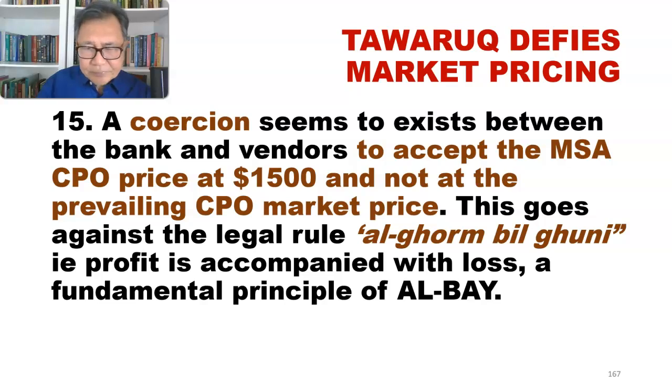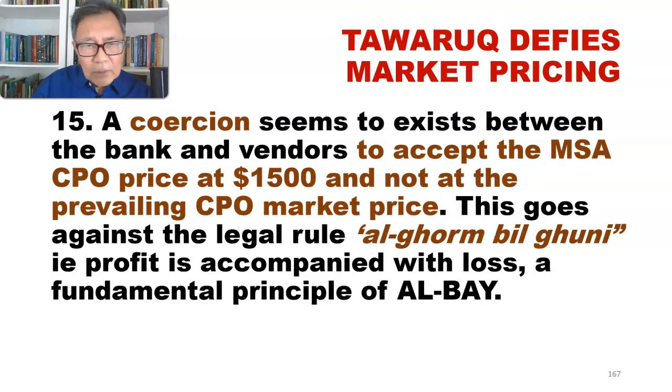So Al-Bay' doesn't guarantee any certainty of outcome, because the buy and sell or this sale and purchase in the marketplace is determined by market pricing. It's not determined by an artificial system where price is artificially fixed, or there is some kind of intervention to introduce a price that does not represent the market forces.